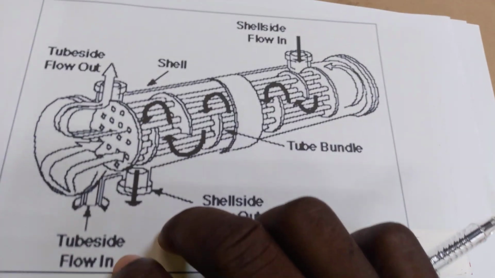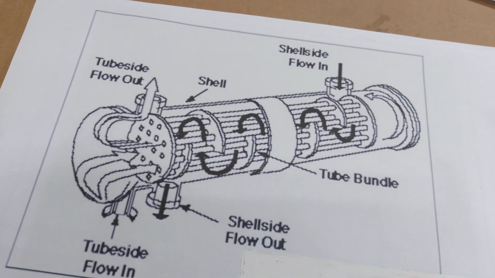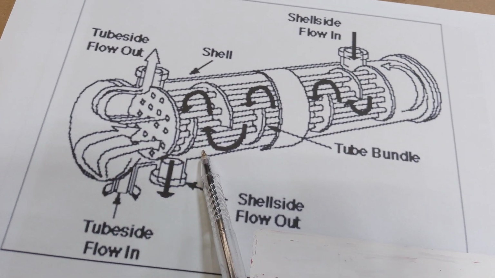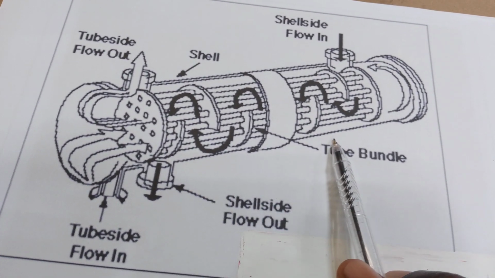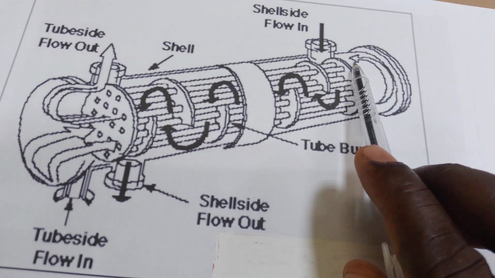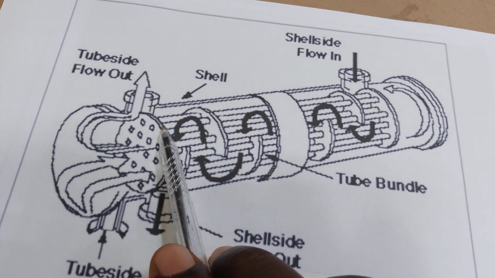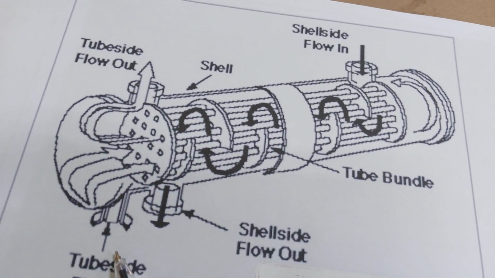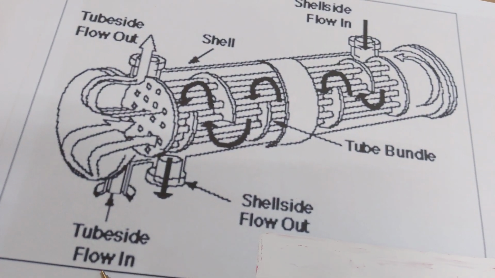This is a typical example of the heat exchanger, the movement. As you can see, the product goes in like this and goes round and turns to come out through the tube outlet. This is the outlet. This is the inlet from the tube side, which is the tube inflow.